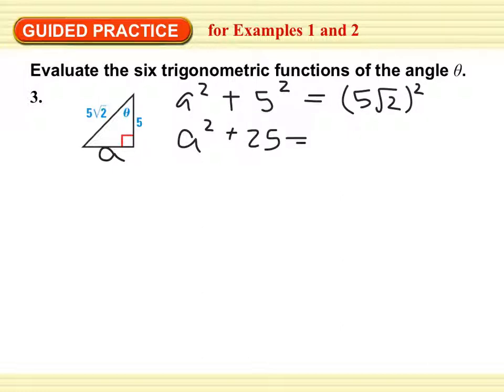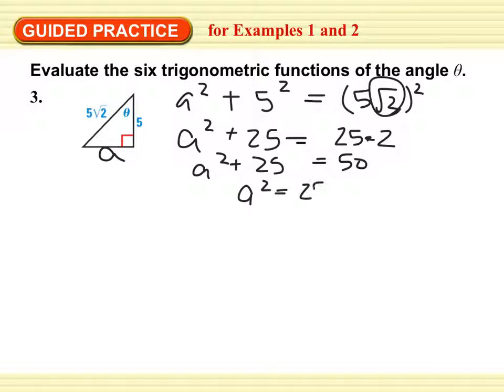Let's see, that hypotenuse is square the 5 and then square the root 2, which is just 2. So that's 50. Subtract 25 from both sides. And then square root. So A equals 5.